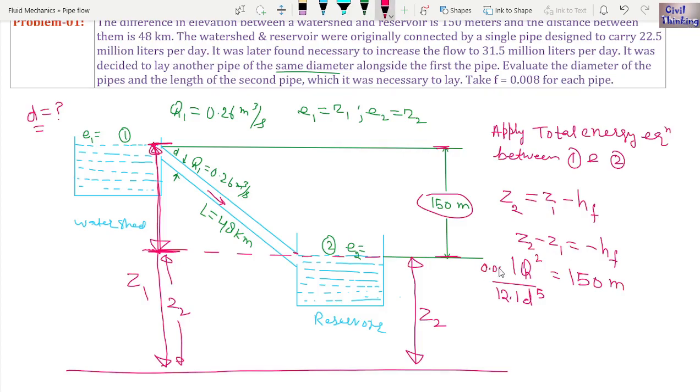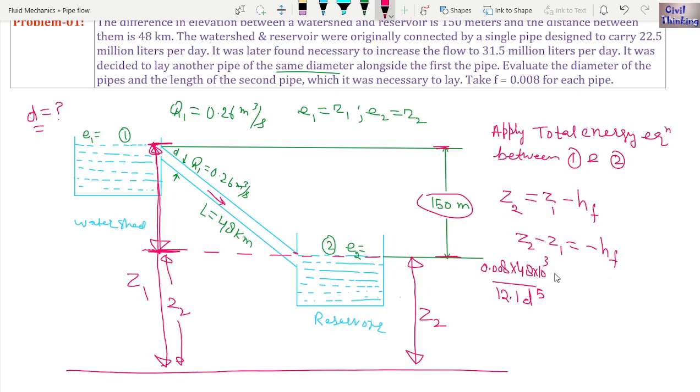0.008, right? Now L and Q square. Let me erase this. L is 48 kilometers, right? The distance between them or the length of the pipe, 48 kilometers. Now kilo is 10 to the power 3, so it is in meters.